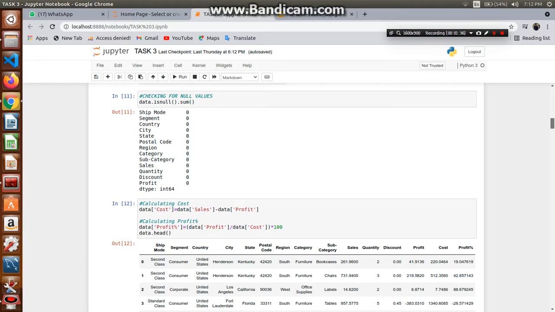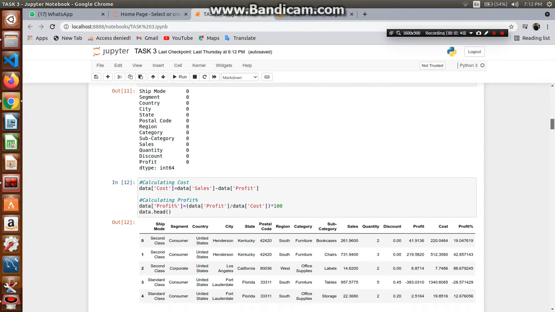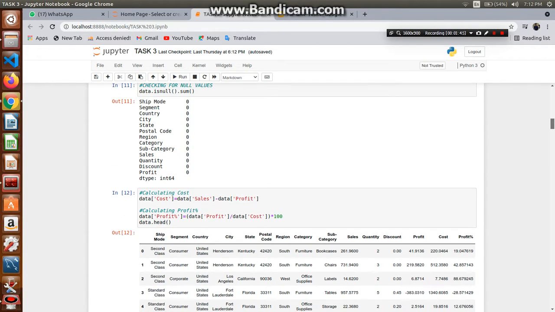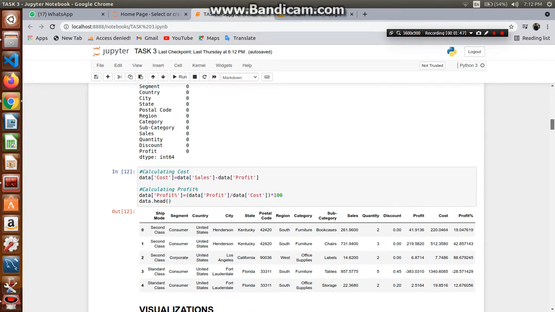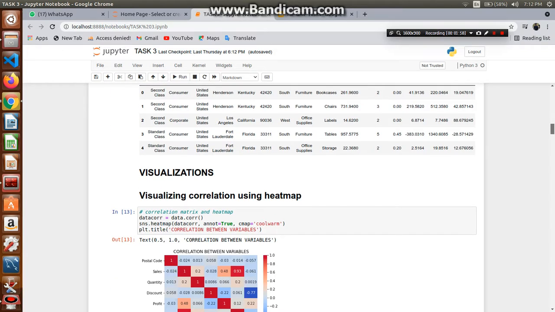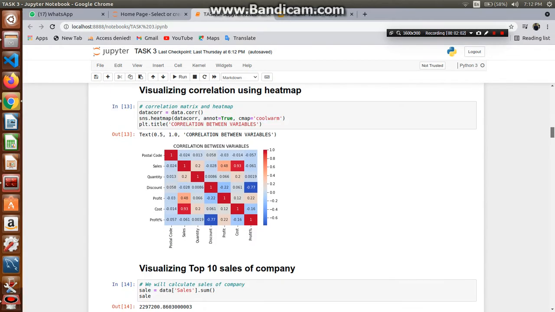Having null values makes a dataset untrustworthy, so if there are any null values we need to do data cleaning. As there aren't any null values, we do not need to do any data cleaning. After that we are adding two more columns, that are cost and profit percentage, in order to get a clear view of where we are going wrong, where we can make more profit, all those things.